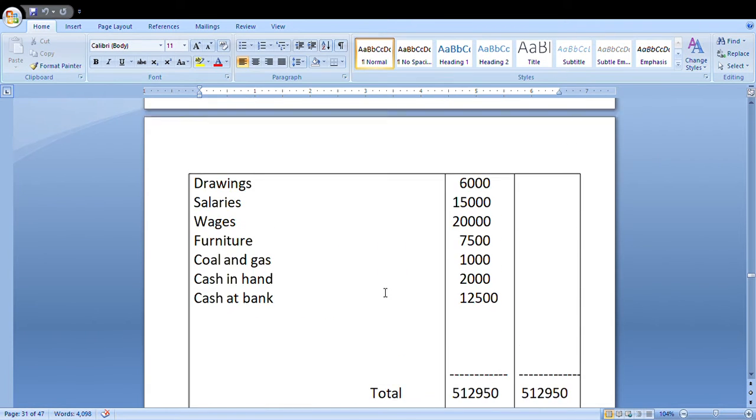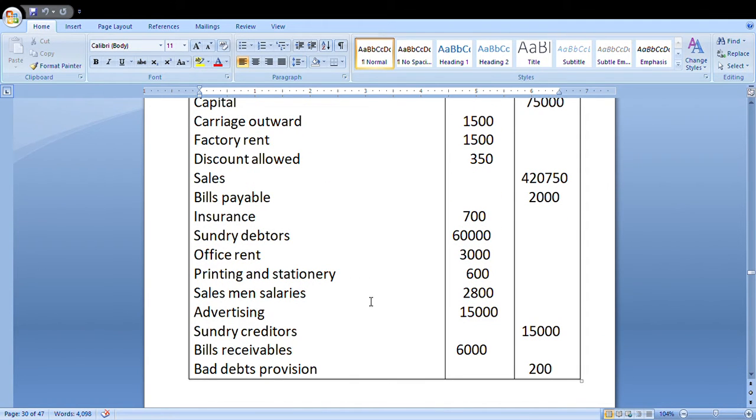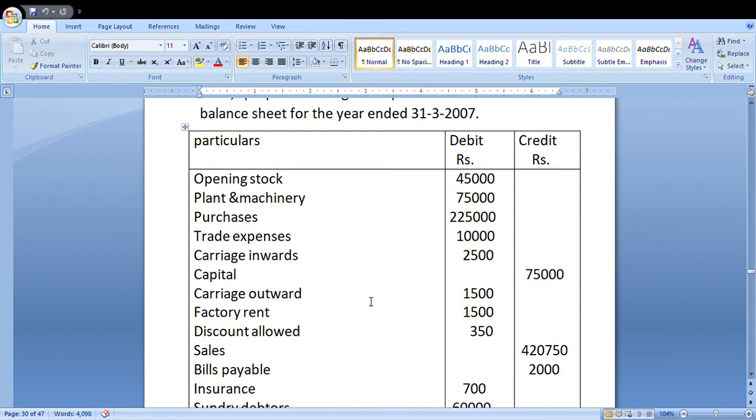This problem is based on preparing the three statements. The first one is the trading account, the second one is the profit and loss account, the third one is the balance sheet.